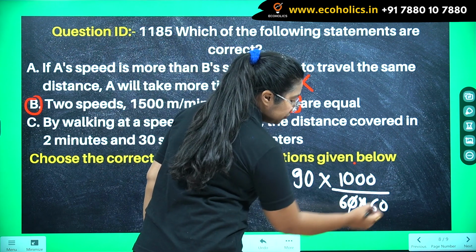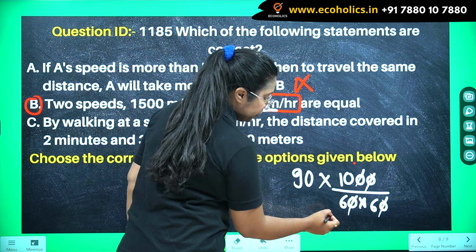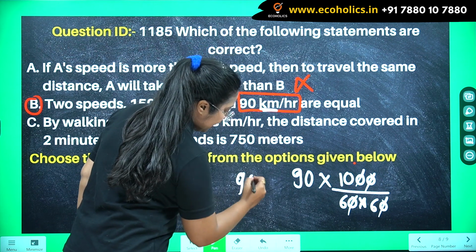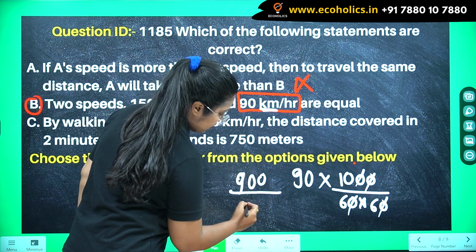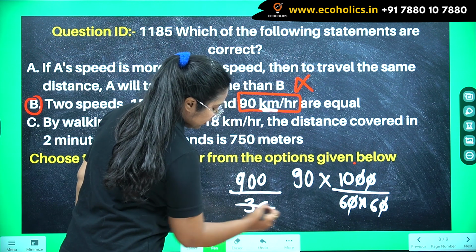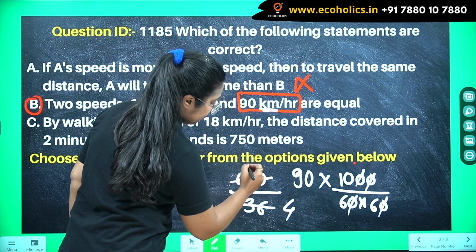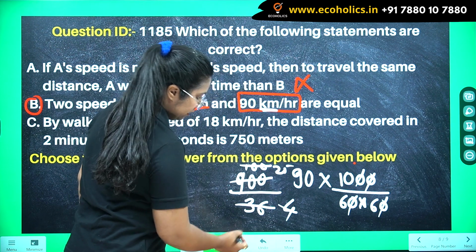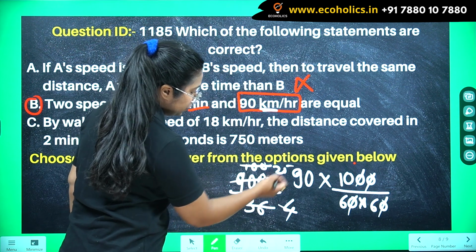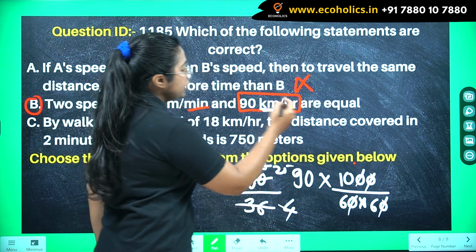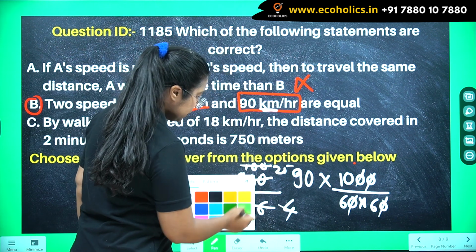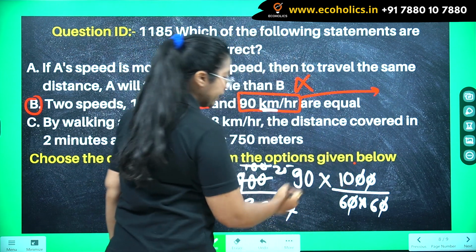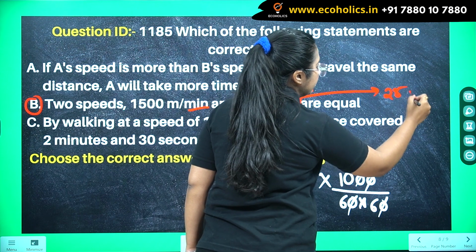Now let's go about this. So you have 900 divided by 36. 9 fours are 36, and 4 25s are 100. So which means that 90 kilometer per hour is equal to how much? 25 meter per second.